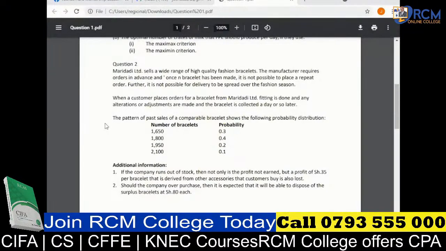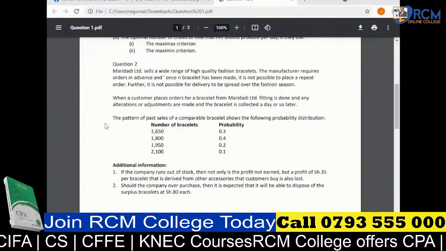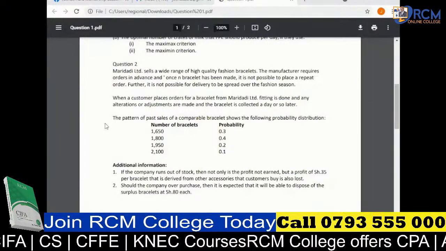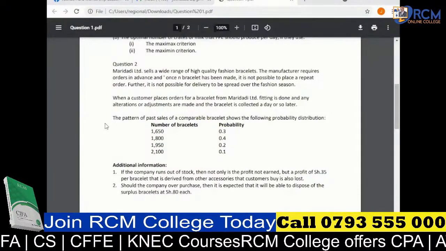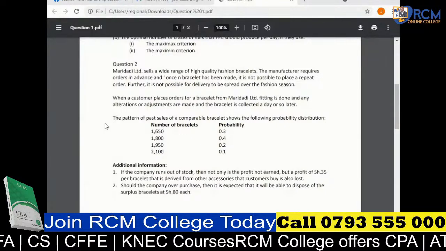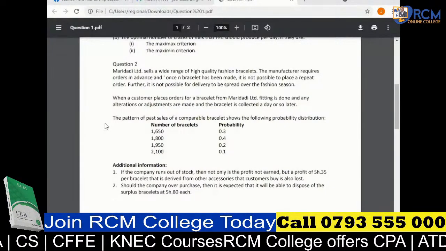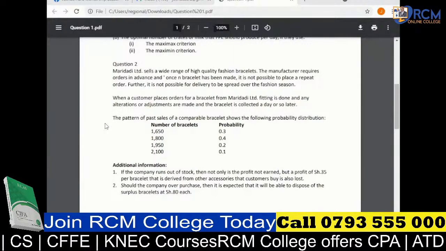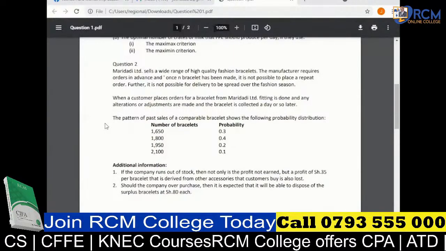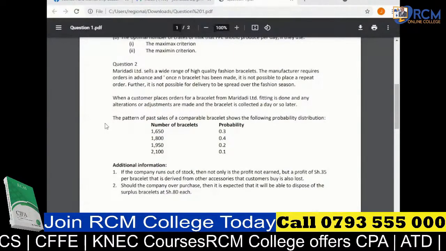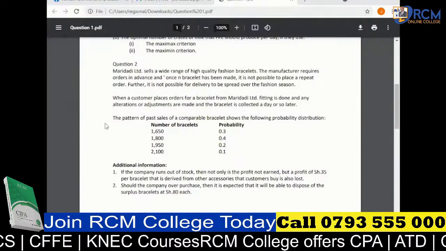We have 1800. We have 1950. We have 2100. And then demand will always be the same: 1650, 1800, 1950, and then 2100.